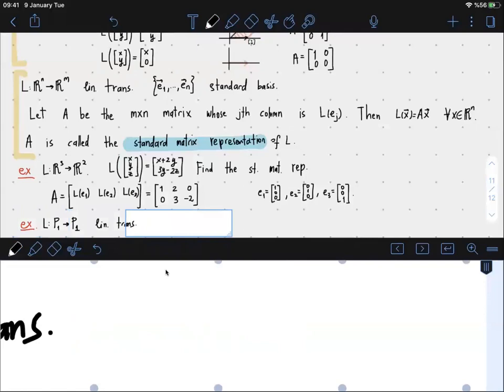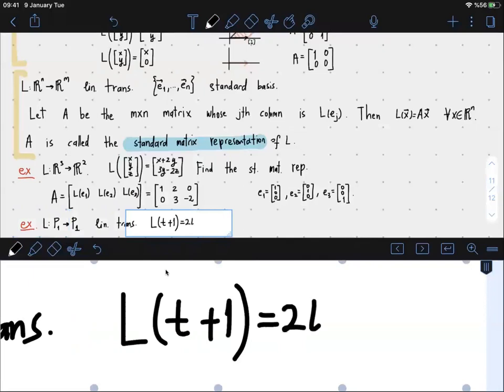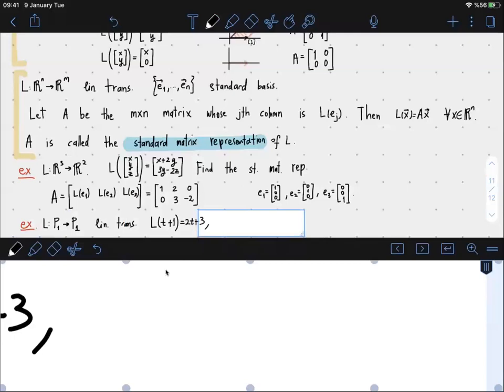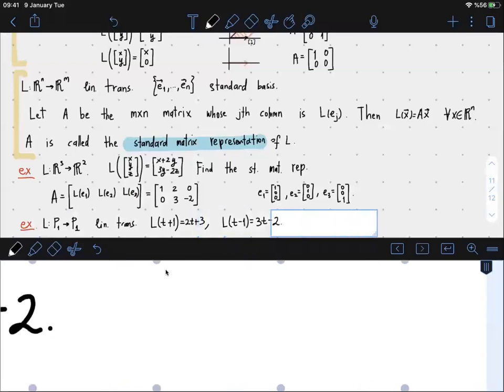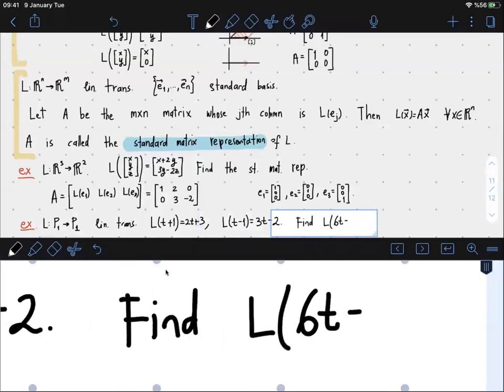And suppose we know L of t plus 1 which is 2t plus 3, and L of t minus 1, and suppose this is 3t minus 2. The question is find L of 6t minus 4.